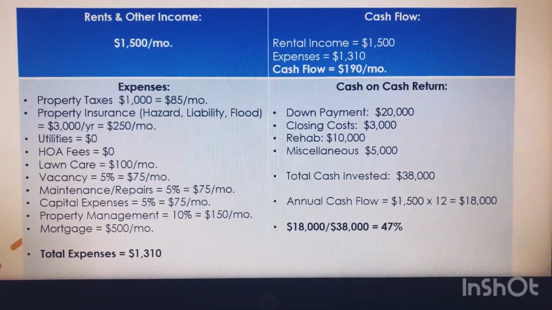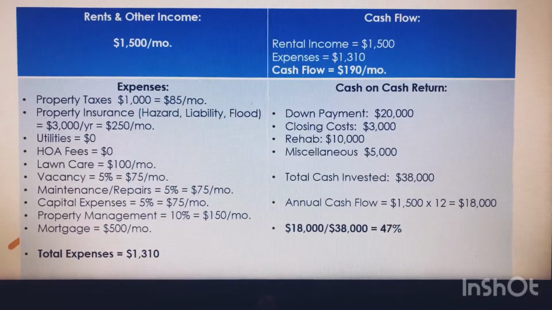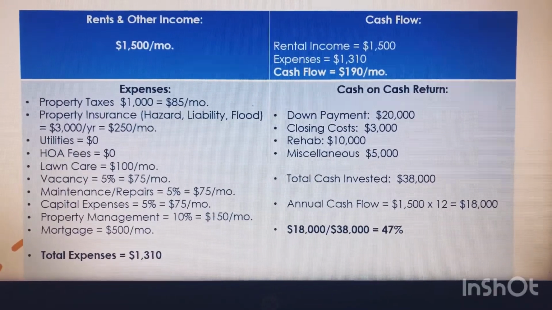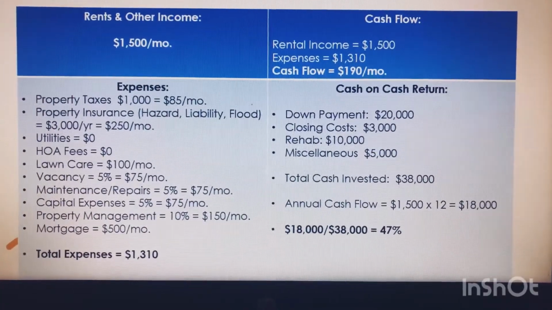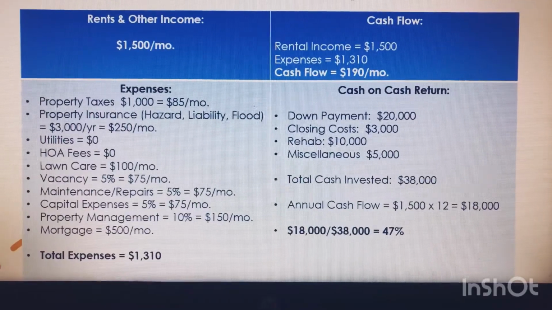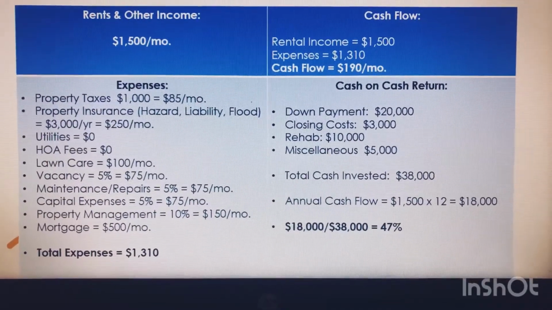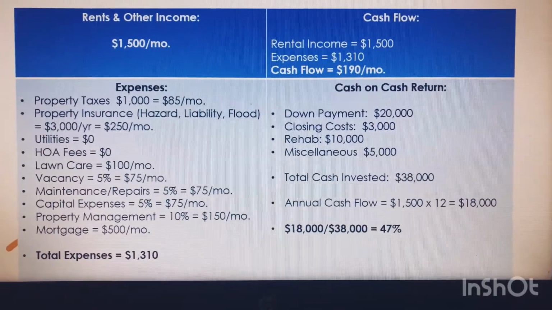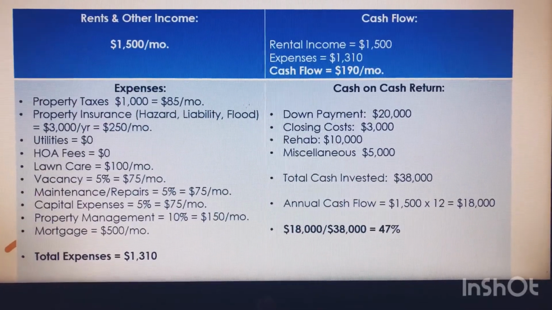Okay, next, same thing for maintenance and repairs. You know, unless you're a slumlord, which hopefully none of you guys will be, because nobody likes slumlords, right? You need to make sure you factor in some money each month to put aside for repairs and maintenance. Now, what does this mean? This means maybe you have a stopped up toilet or a stopped up sink, or something goes and you have a repair you have to make. Maybe something breaks.